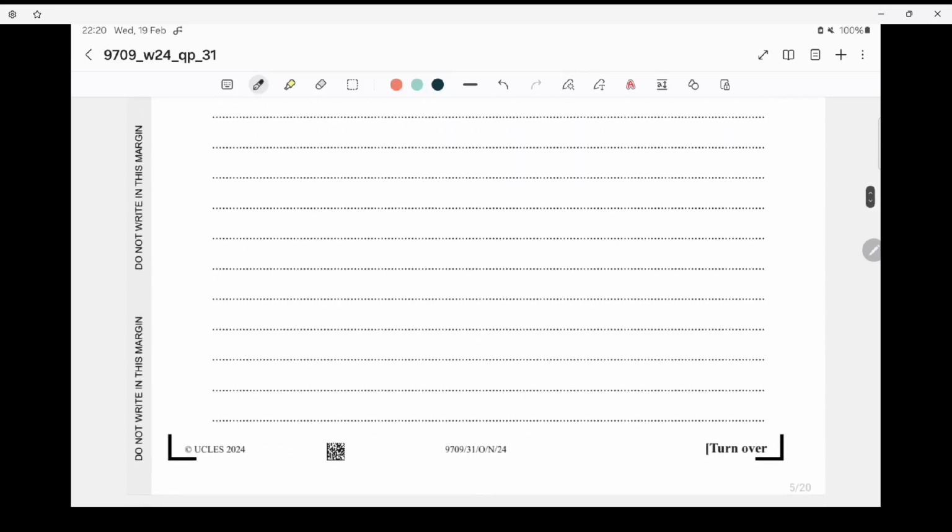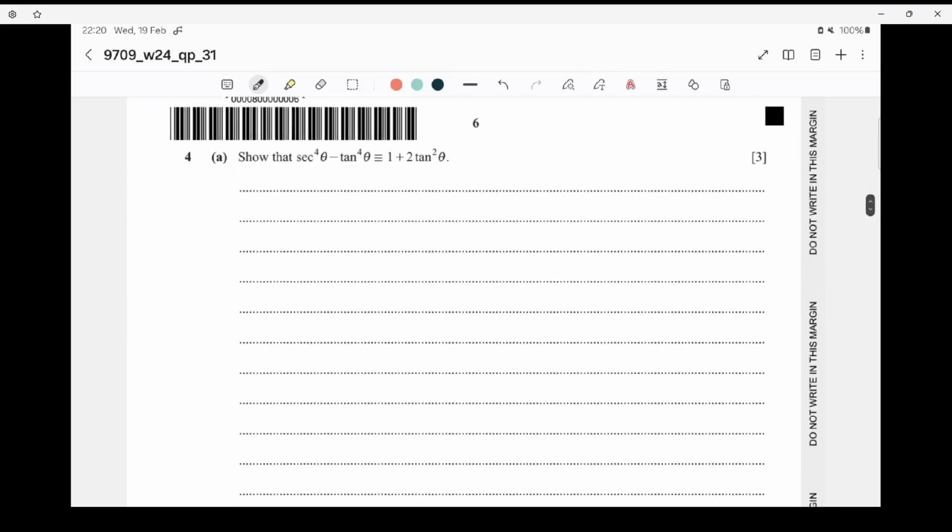So now let's look at question 4. Show that secant power 4 theta minus tangent power 4 theta equals 1 plus 2 tangent square theta. So I start with the left hand side. So this is the original equation. What you need to do is to break it down into the square term.